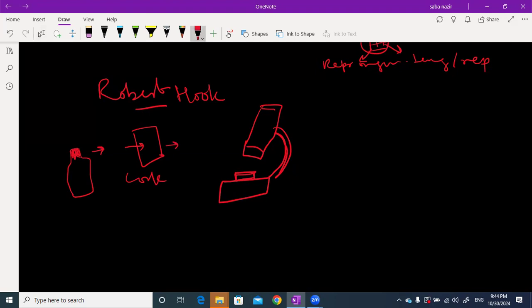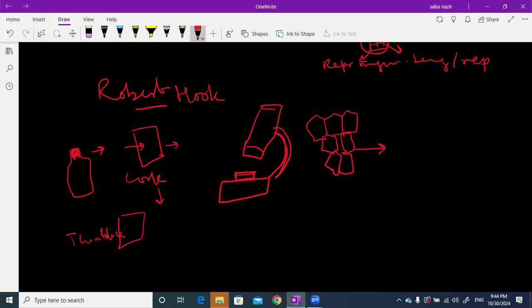Robert Hooke was a very curious person. He cut a very thin slice of the cork material and observed it under the microscope. To his surprise, he observed these different compartments. He could not discover anything new inside these structures; rather, he found compact compartments.